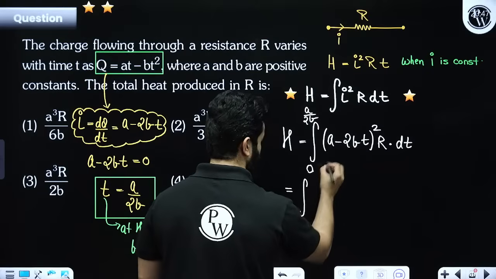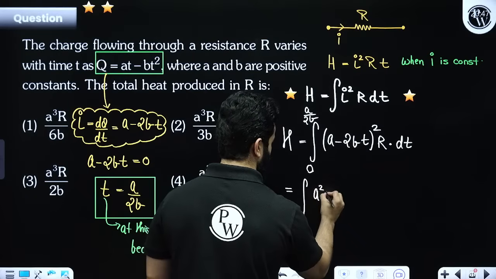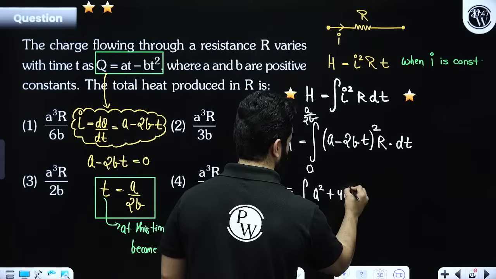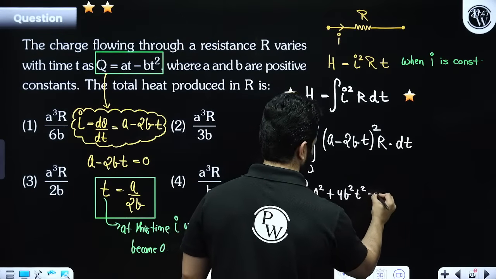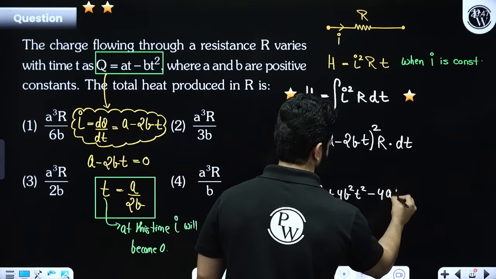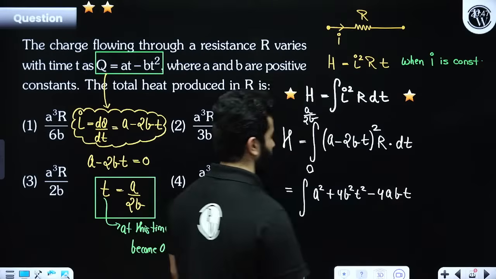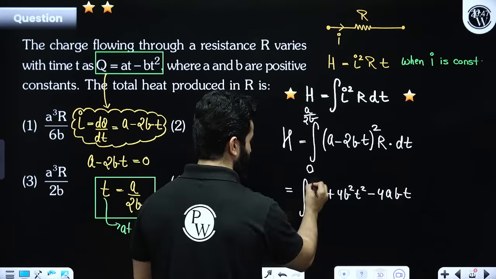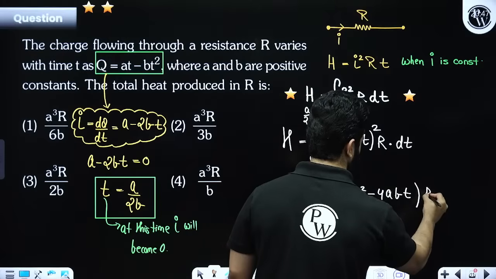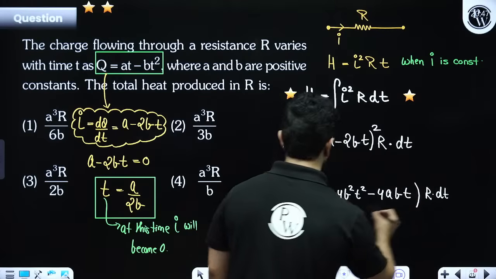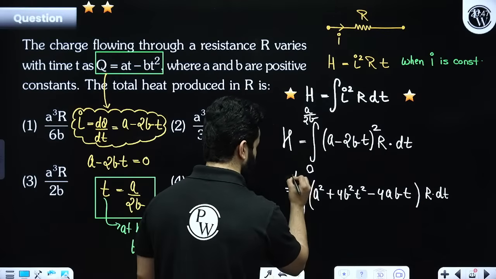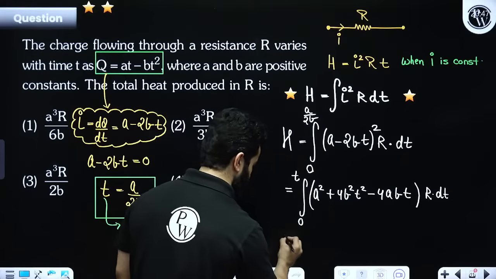So let's write it down as it is. This will become A square plus 4b square t square minus 4abt, multiplied by R into dt. And then again from 0 to a specific time t, I'm not writing that value, we are fine with that.